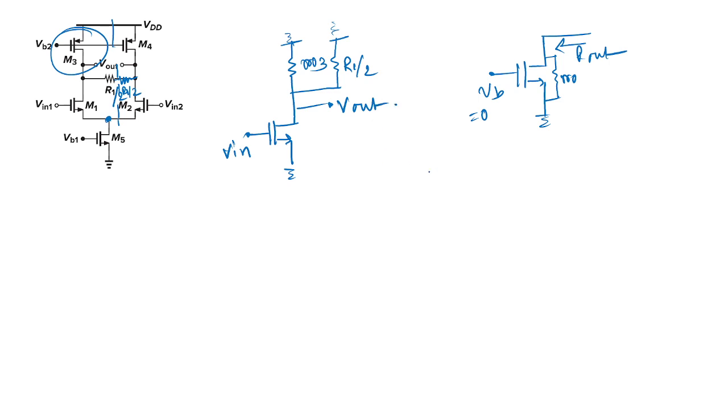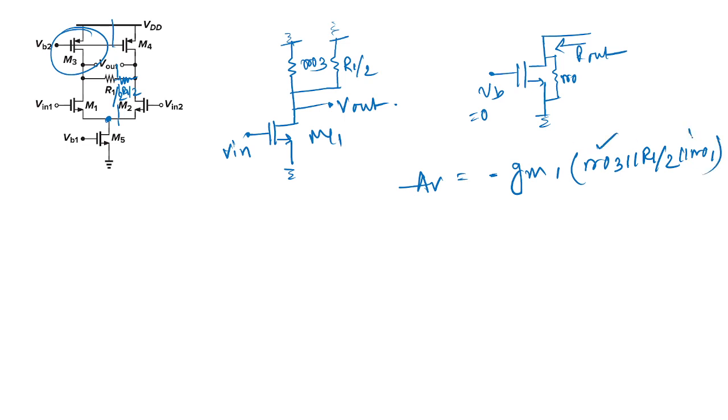And what will be the gain? The gain of the circuit will be minus GM1, this is M1, minus GM1 times RO3 in parallel with R1 by 2. And if you want to consider the RO of this transistor, then you can also consider RO1.